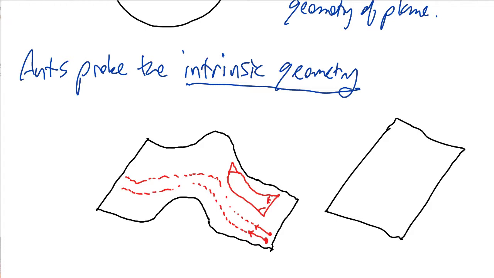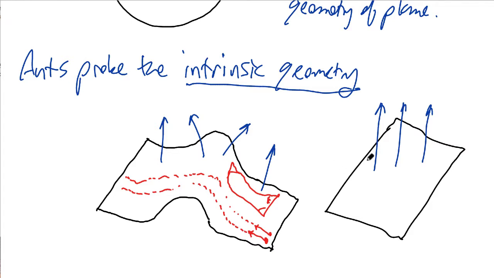So the way we quantify that is we look at the normals, the unit normal vectors, and we can see that here on the bent piece of paper, these normal vectors are not parallel, whereas the normal vectors on the piece of paper, when it's laying flat, they're parallel.